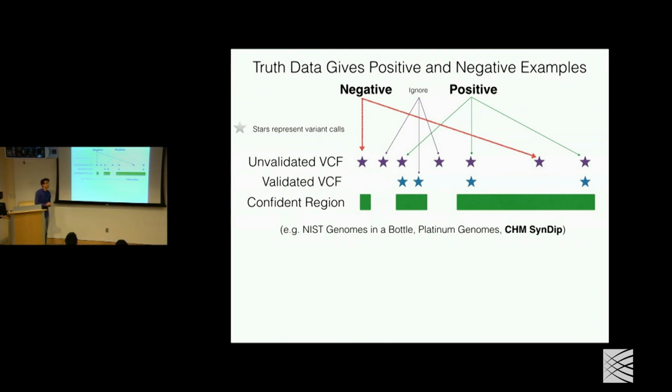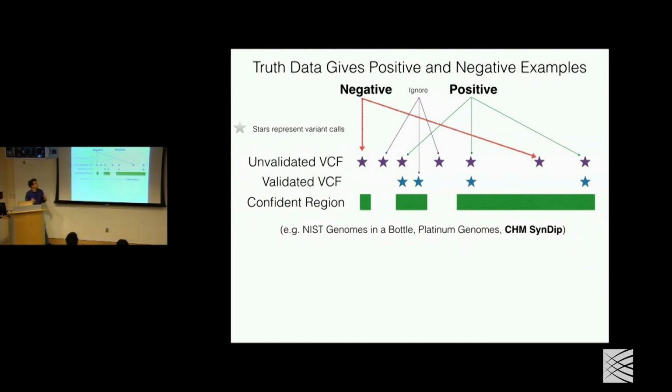So we needed truth sets. And luckily, the government and Illumina also saw this need. The Genomes in a Bottle project and Platinum Genomes were two big efforts to get a truth set over a whole genome of germline DNA.